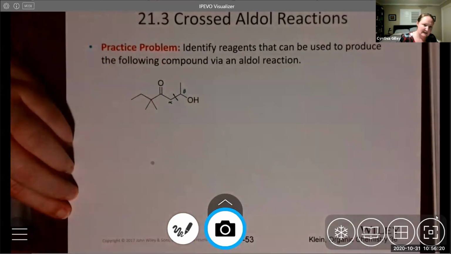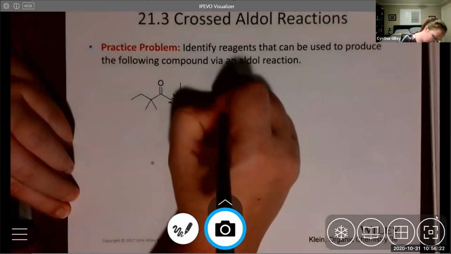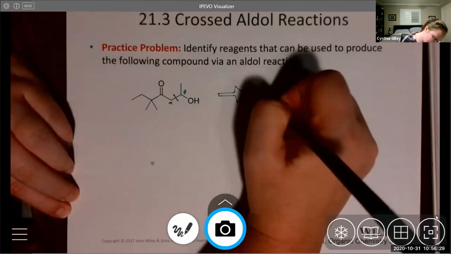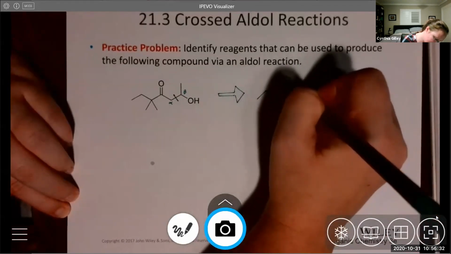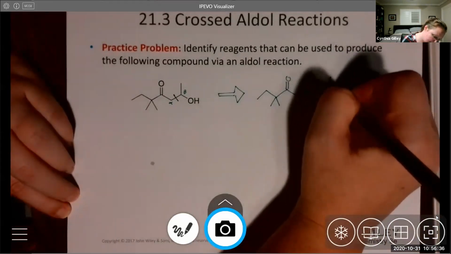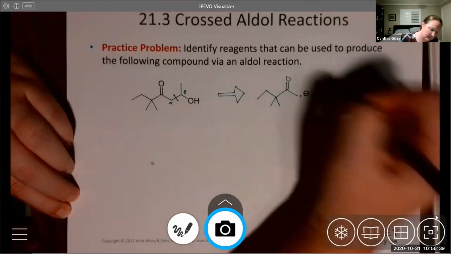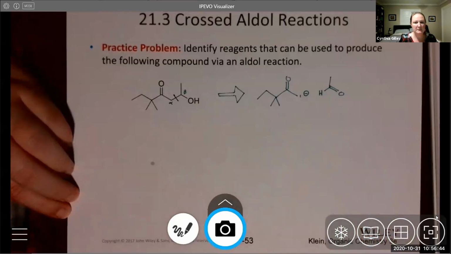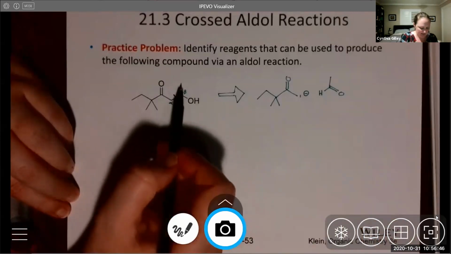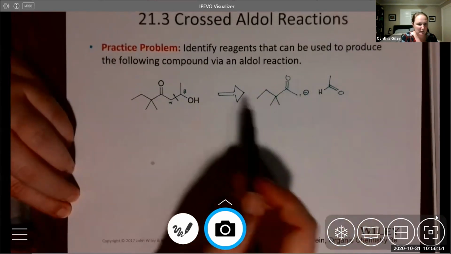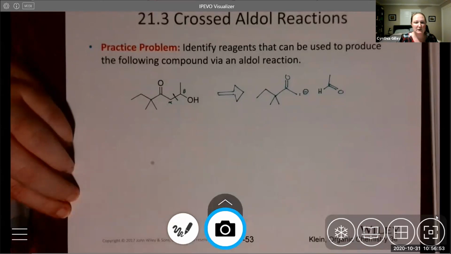So then, thinking retrosynthetically, that simplifies to the left side being the enolate, and then the right side being the electrophile, so the nucleophile and the electrophilic carbon. So we're just going to convert that alcohol back into an aldehyde, breaking this carbon-carbon bond in a retrosynthetic process.